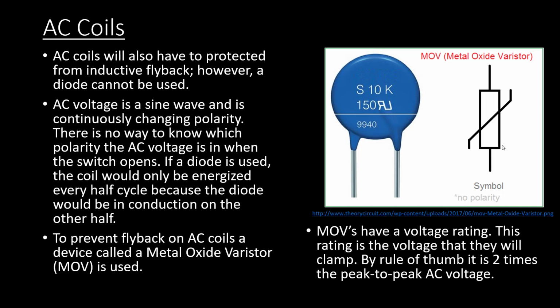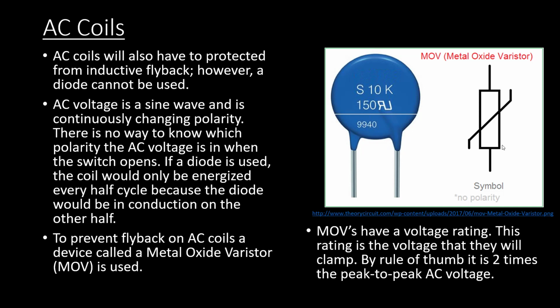And it's rated such that this voltage is the voltage that the device or the MOV will start conducting current, and it will clamp the voltage across that MOV at that voltage. So if I have a 120 volt RMS coil, I can put an MOV across there.